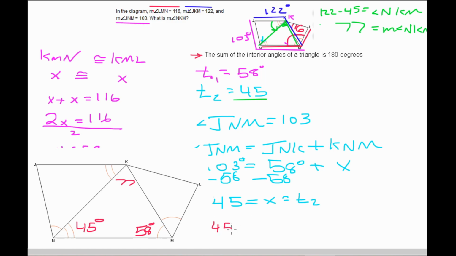I can do 45 plus 58 plus 77 and set that equal to 180, because that's what it is inside of a triangle. If this equation is true, then we are good to go. And in fact, adding these all together gives me 180 is equal to 180. We were able to find the measure of NKM at 77 degrees. We were also able to go back here in this reddish purple color and verify that the sum of that triangle's interior angles is 180 degrees.